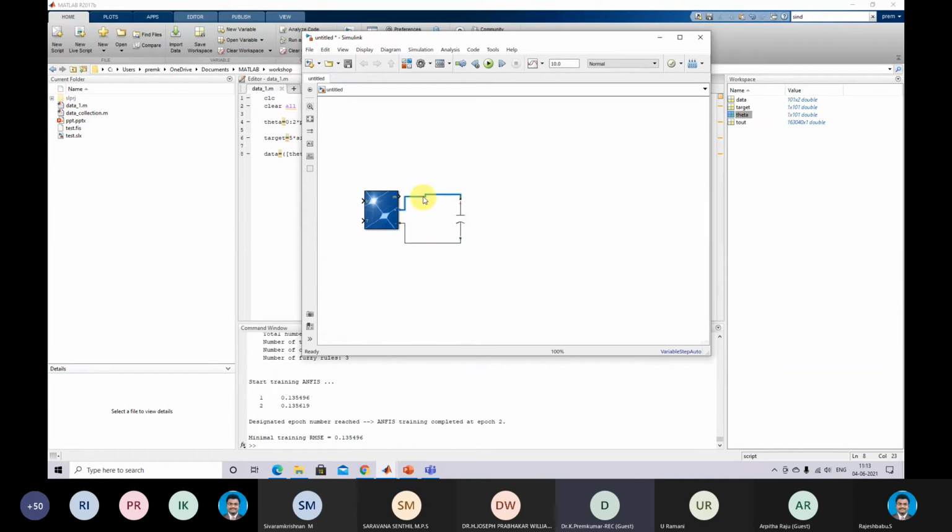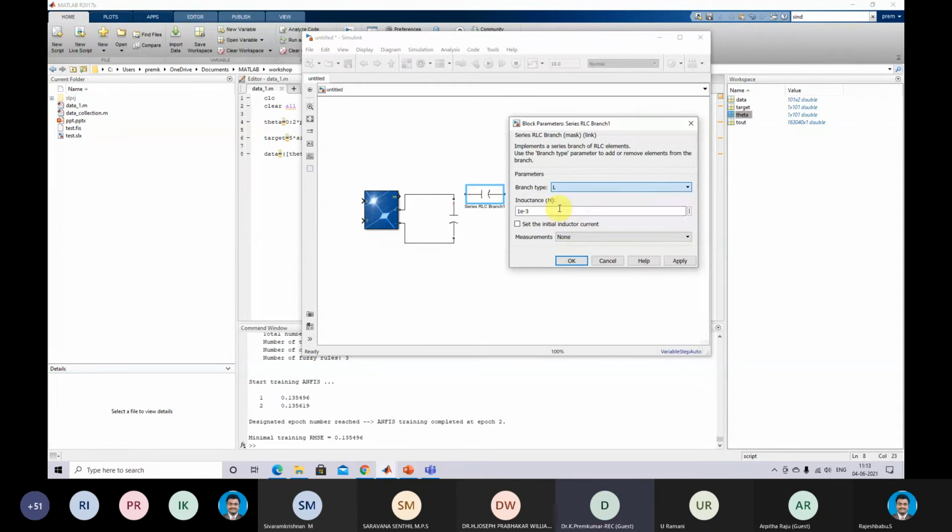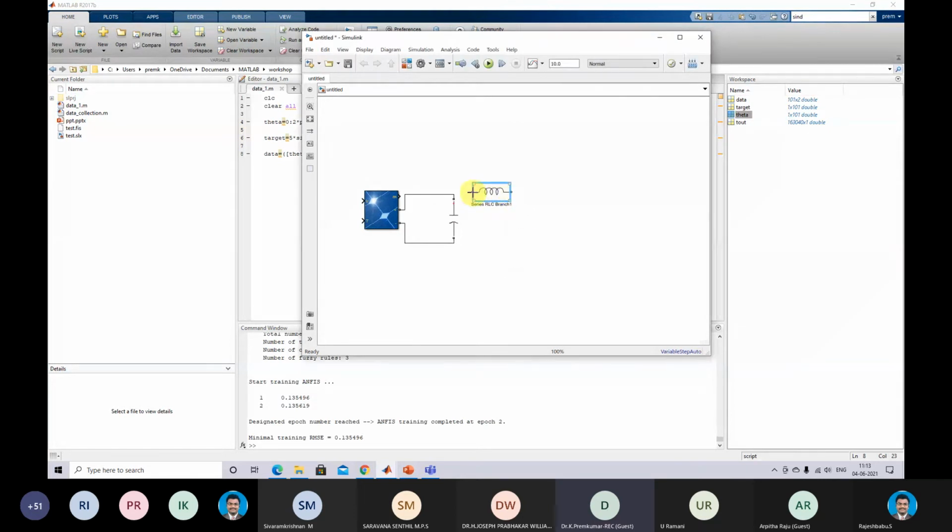Next I'm going to connect an inductor. And then we have to use an IGBT or MOSFET. Choose IGBT.